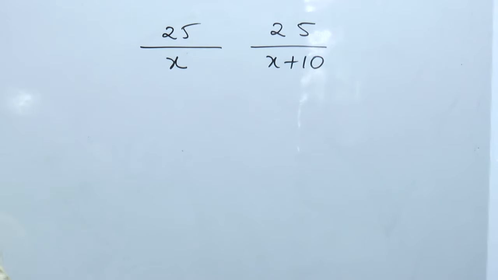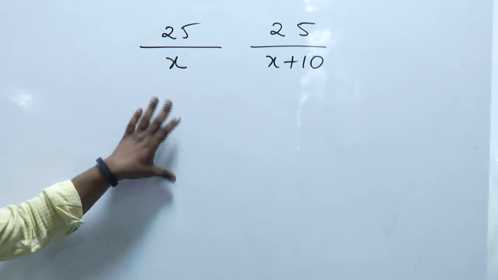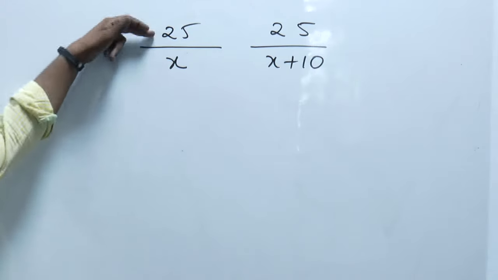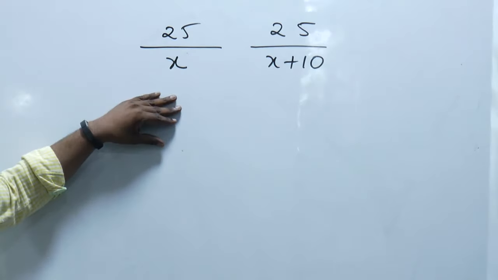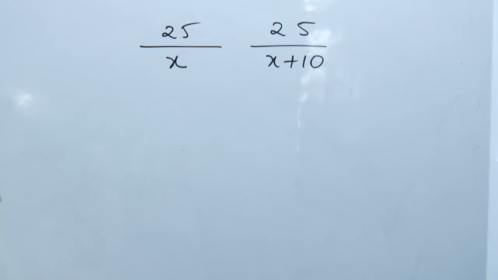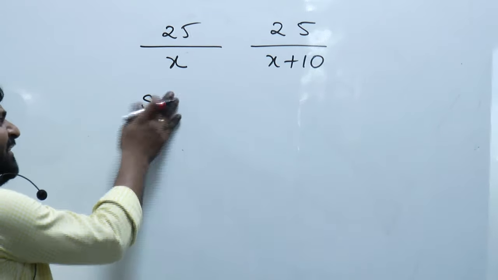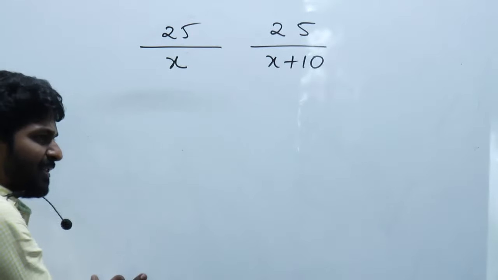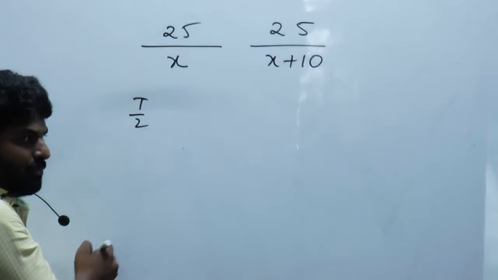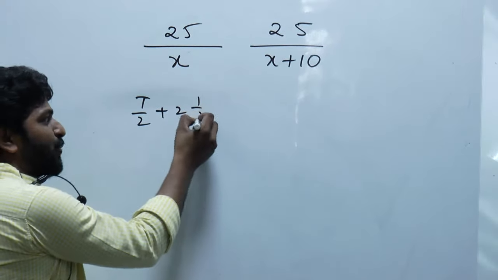Terminology wise, distance. What is x? Speed. Distance by speed is time. So to cover 25 kilometers with this speed, he was late by 2.5 minutes. Let's say the original time is t. This will be t by 2 plus 2.5 minutes.